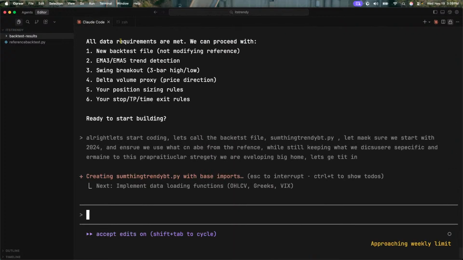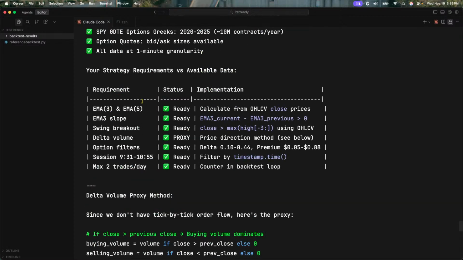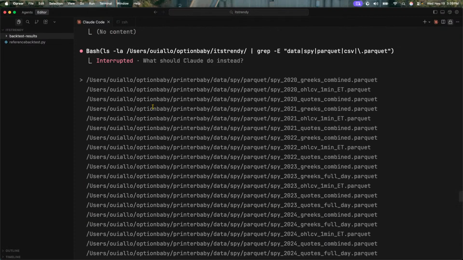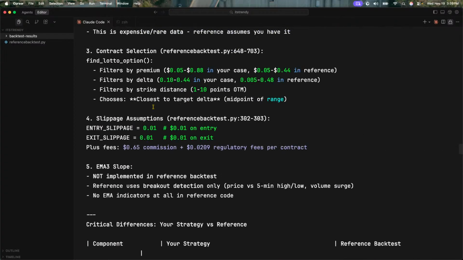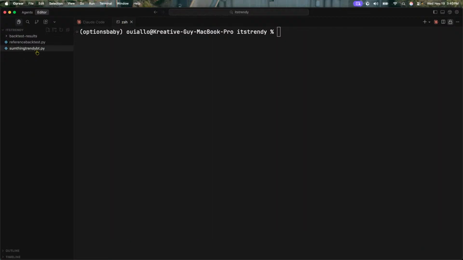And we got something, ladies and gentlemen. I need to lay out the full strategy. Let me just run the backtest real quick.